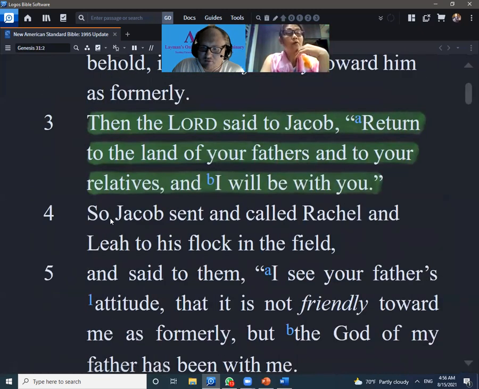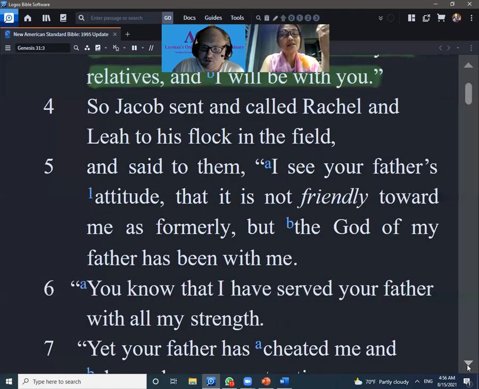All right. So then the Lord said to Jacob, return to the land of your fathers. We are continuing on Genesis 31 now. Jacob sent and called Rachel and Leah to his flock in the field, and said to them, I see your father's attitude, that it is not friendly toward me as formerly, but the God of my father has been with me.